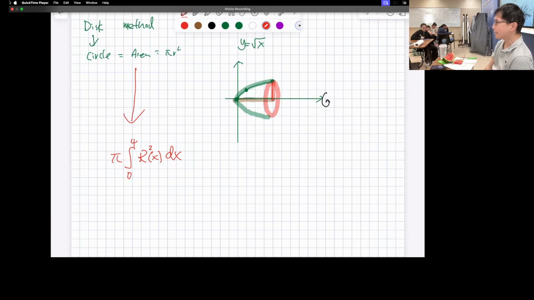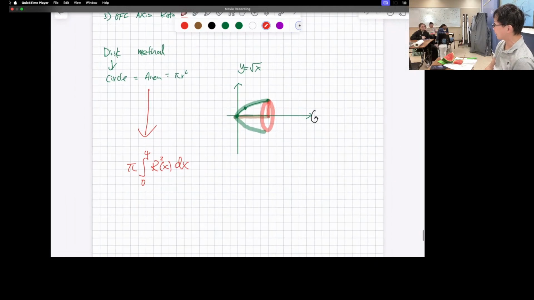But in this case, what is my r of x? What do you think can represent my radius? Which function can represent my radius? Chris knows. Anybody else? Which function do we have? Square root x, yes.